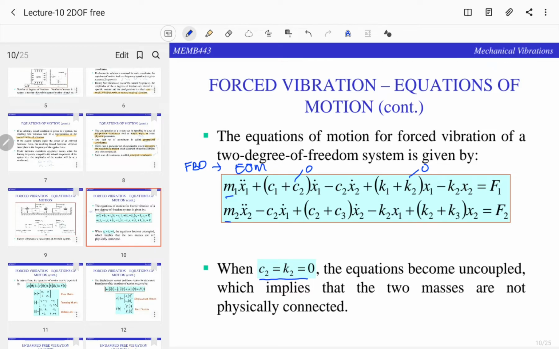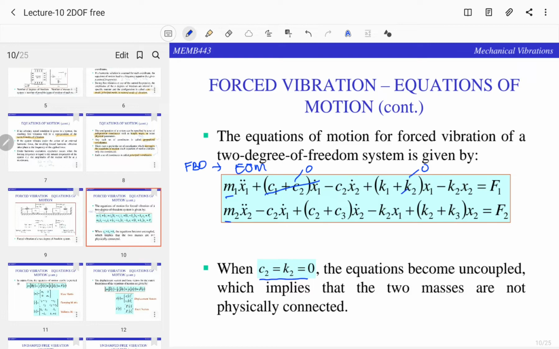What it means by that is, if that is 0, the whole expression is multiplied by 0, so K2x1 will become 0.